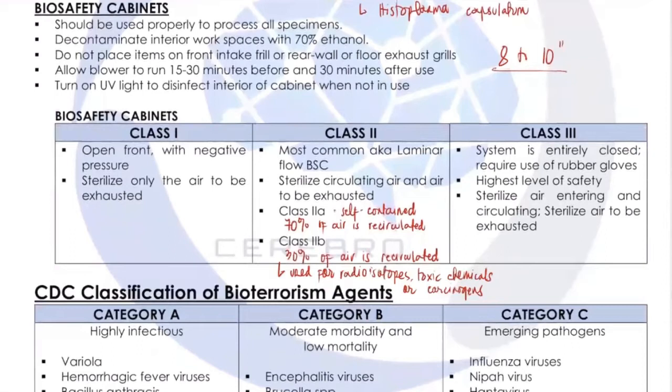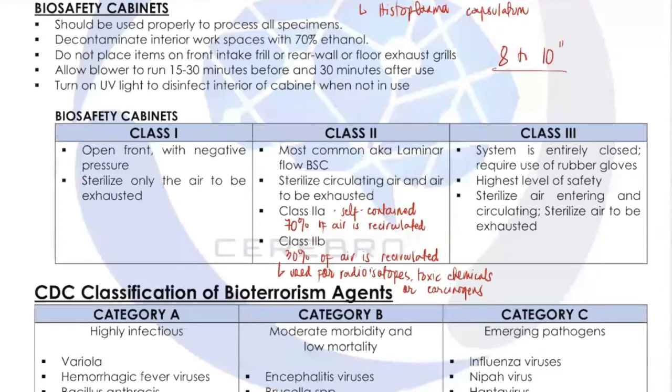Okay, then finally, we have our class 3 biosafety cabinet. So sa class 3 biosafety cabinet, the system is entirely closed. And usually, ito yung may rubber gloves for you to be able to maneuver or to do the things to be done inside the biosafety cabinet. So may gloves yun na naka-embed na or naka-install na doon.